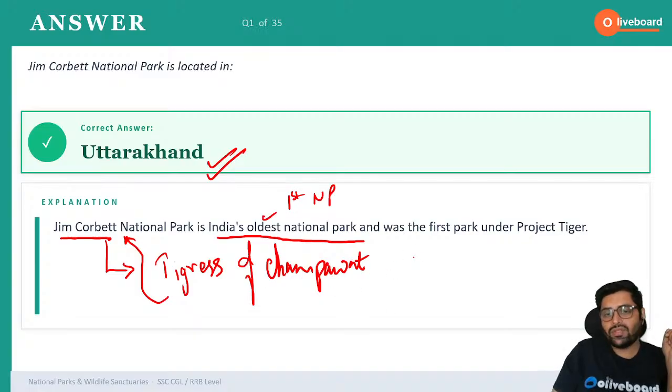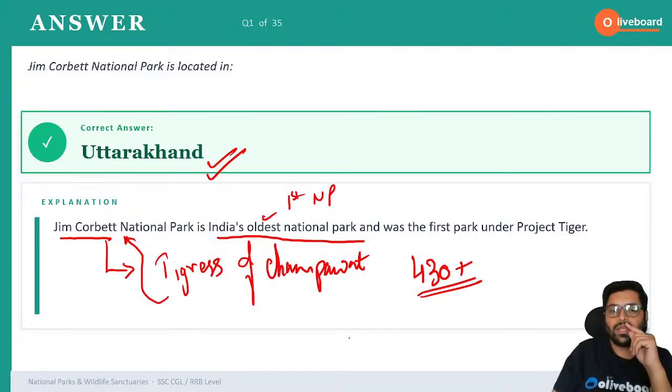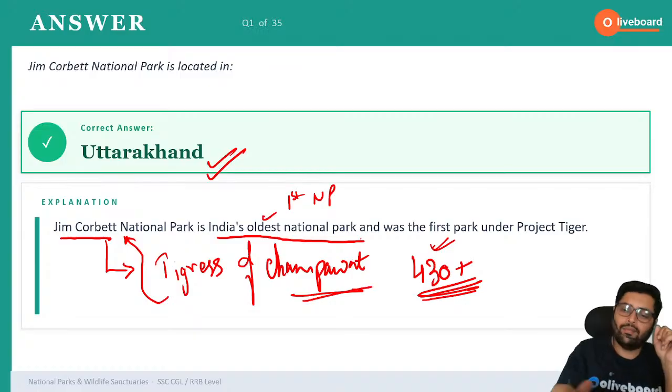Why? Because this single tigress had killed 430 plus people alone. It is a world record. So Jim Corbett killed that tigress of Champawat. That is why Jim Corbett National Park is important.